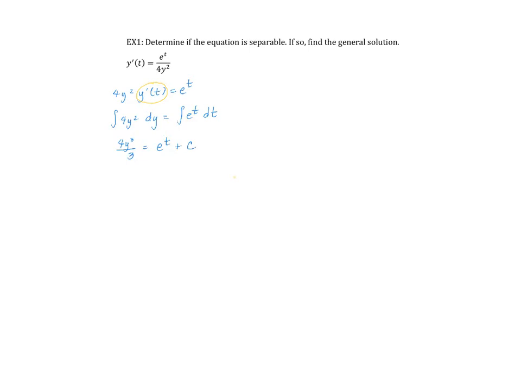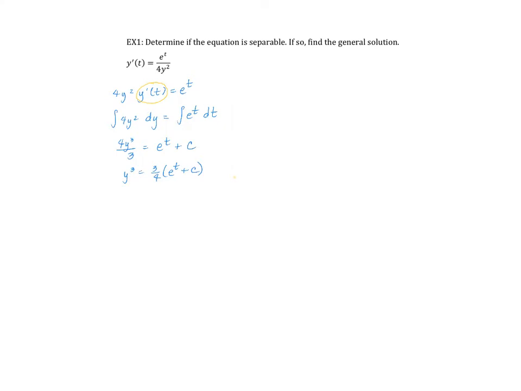And now my goal is to get y by itself. If I multiply both sides by 3/4, we get y cubed is equal to 3/4 times e to the t plus our constant c.